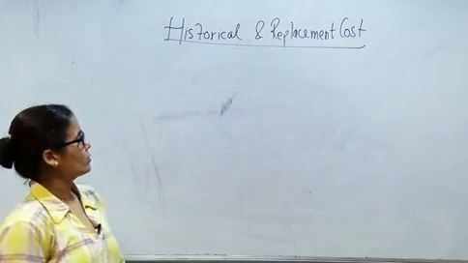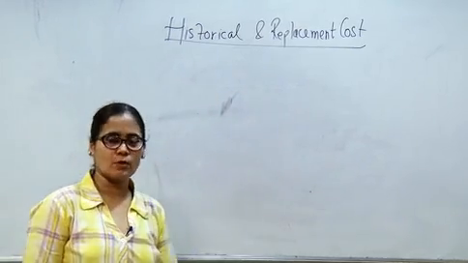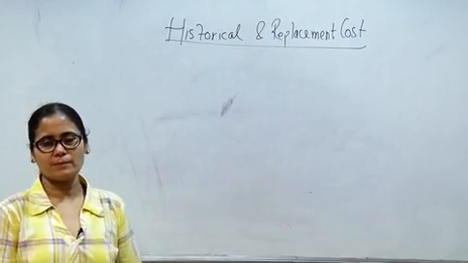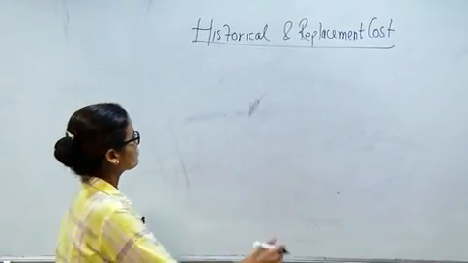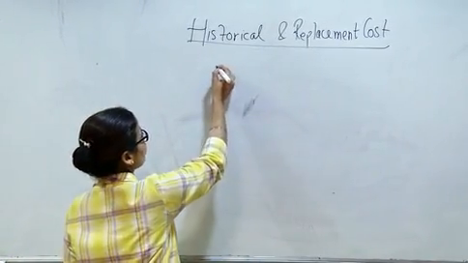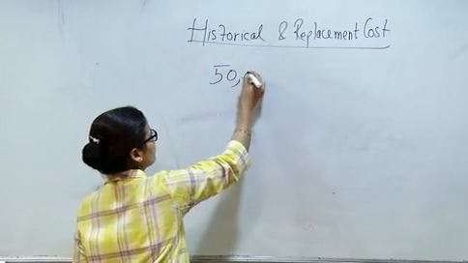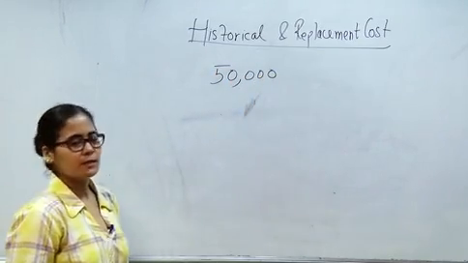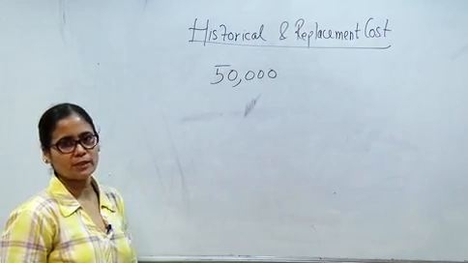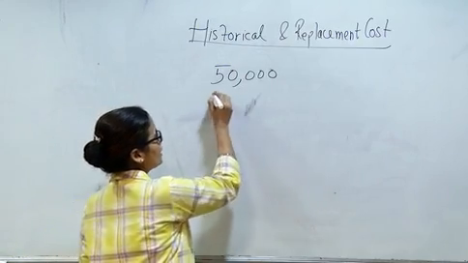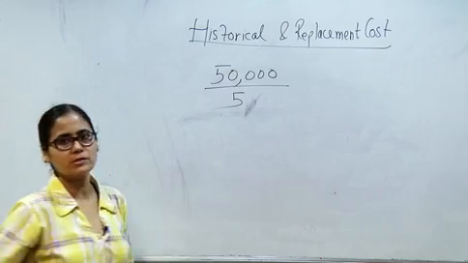So as I said, we are going to look at historical and replacement cost difference by using a very simple numerical example. Suppose we take the cost of a machine as 50,000. This is the purchase price of a machinery, and let's say the machine has a lifetime of 5 years.